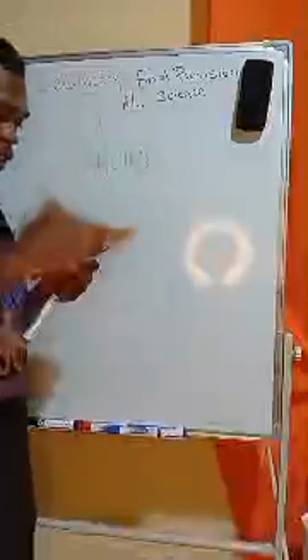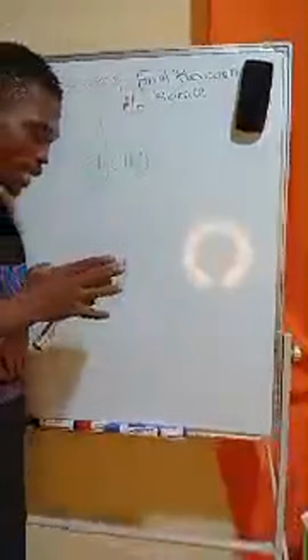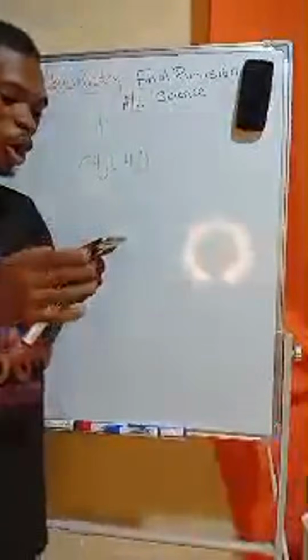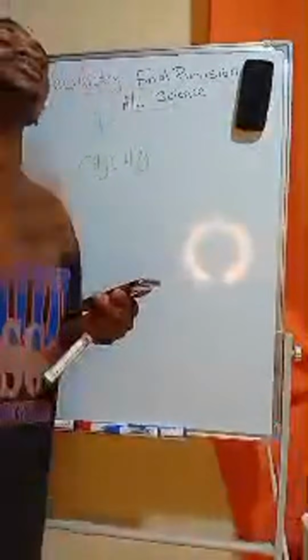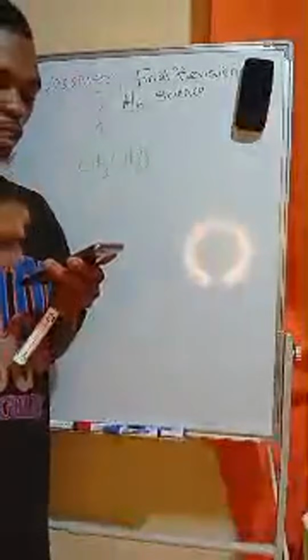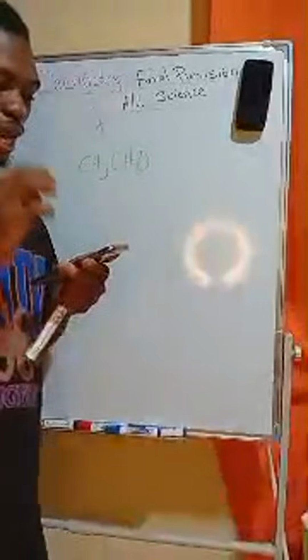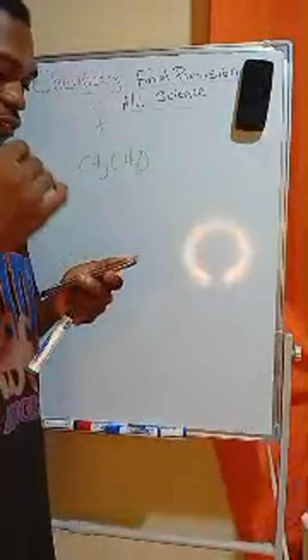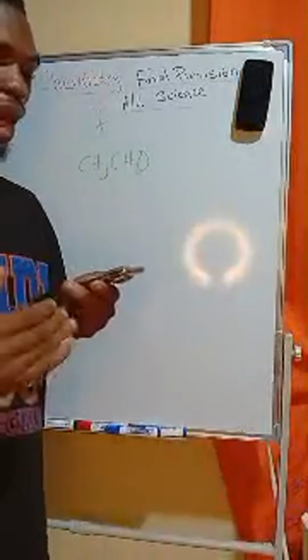What is a homologous family? In other words, what is a homologous series? A homologous family is a group of organic compounds having the same functional group, similar chemical properties, and successive members differ by a CH2 group or a molecular mass of 14.